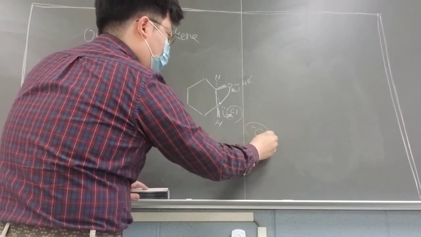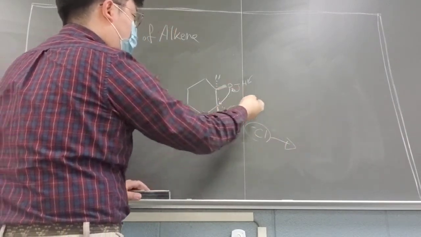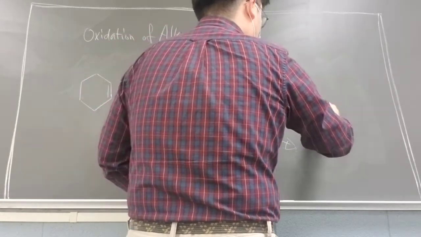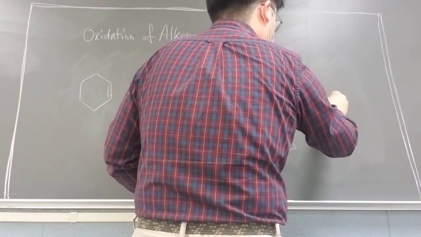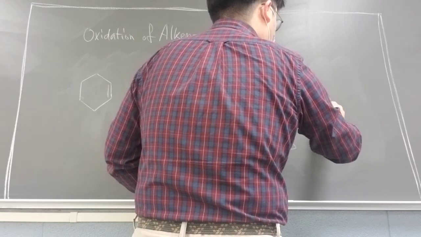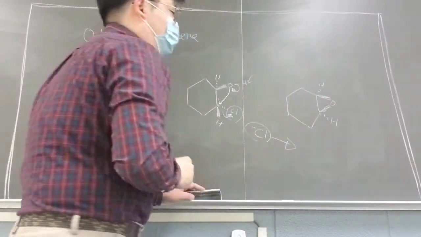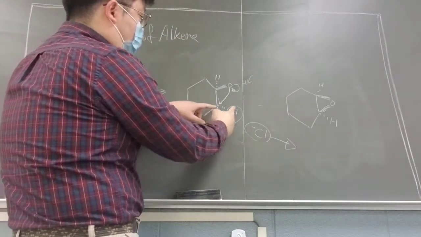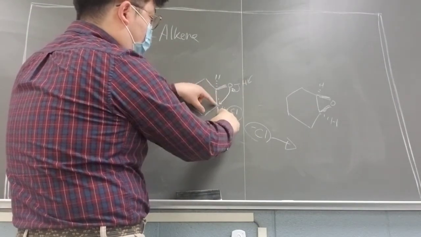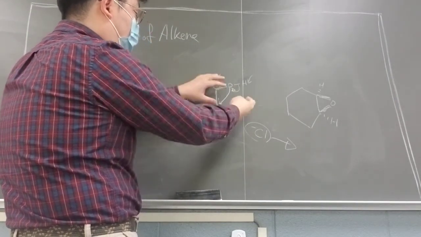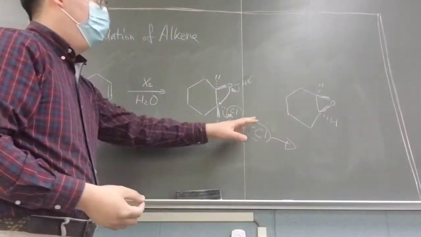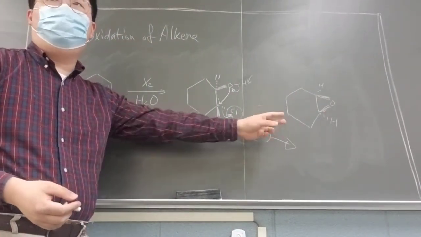So this one will leave, and they also form epoxide over here, because once they leave, they kind of push down to the back, so they come on this same epoxide.